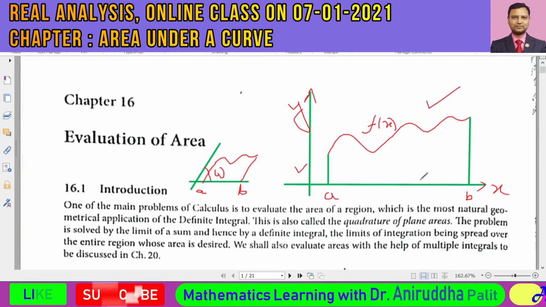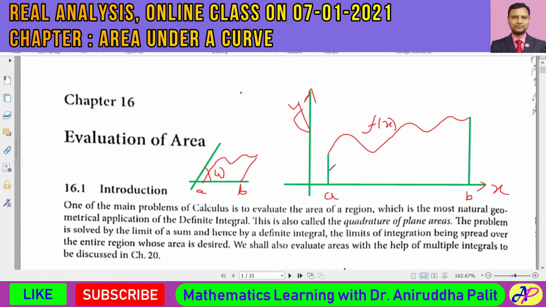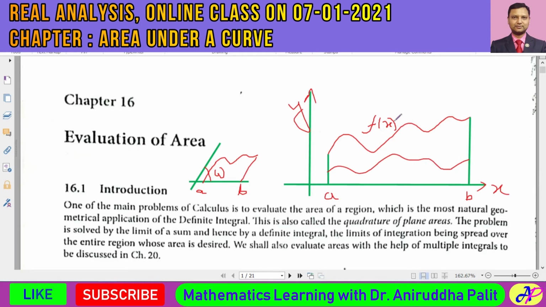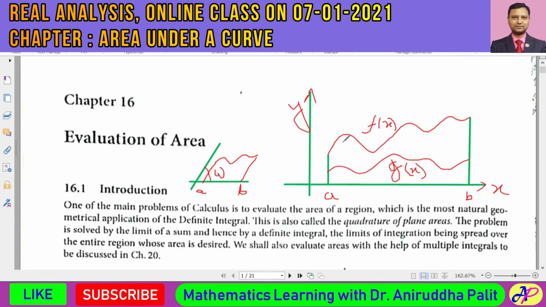This portion is already known to you, but what is not known to you is that sometimes we will have two given curves. Suppose the first upper curve is the curve f of x, and the second curve is the curve of the function g of x. Then we will have to find the area bounded by these two curves.